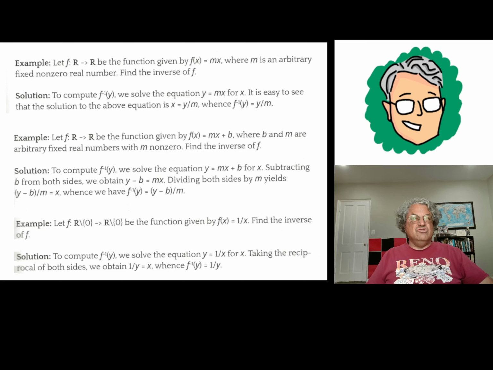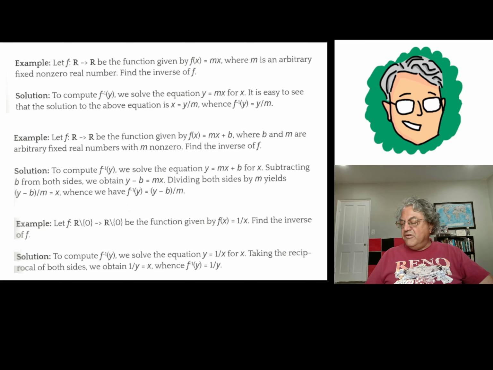Not quite arbitrary, because in this case we're requiring that m is non-zero, meaning it's not a horizontal line. A horizontal line is a function, but it's not a bijection, because it only has one value of y for every value of x. But as long as m is non-zero, you do get a bijection. And the only other line that doesn't have this form is a vertical line, which isn't even a function.